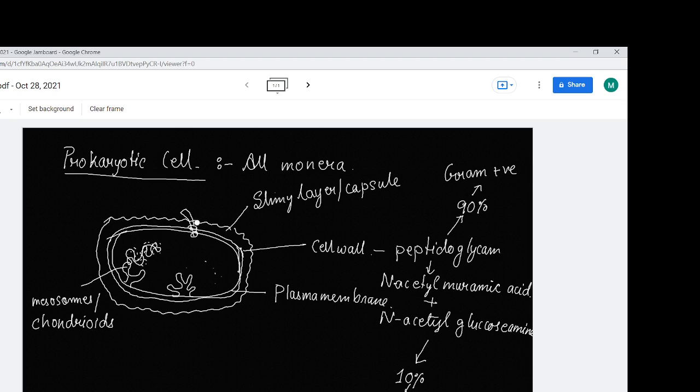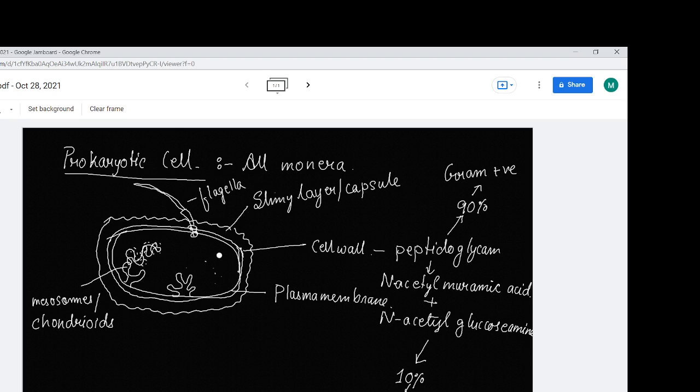This is the basal body and then this is the hook, from which a filament will arise, and this whole structure will be called a flagella. Flagella in bacteria is also a very complicated structure. We will discuss flagella structure when we discuss the eukaryotic cells.